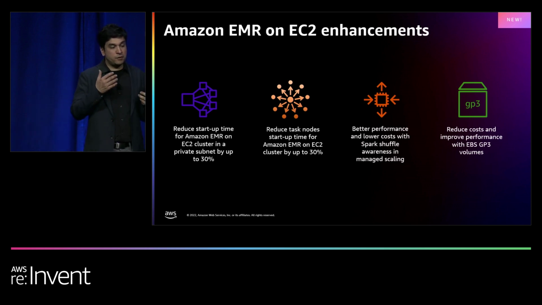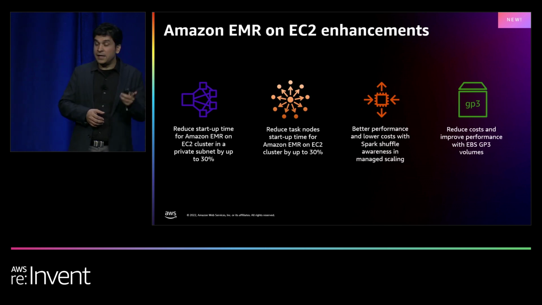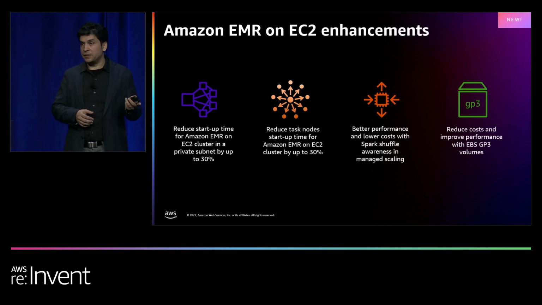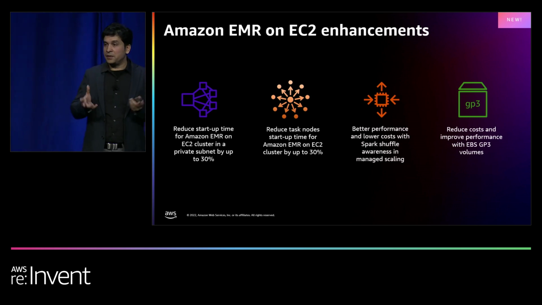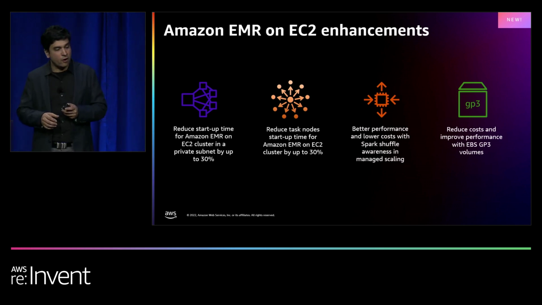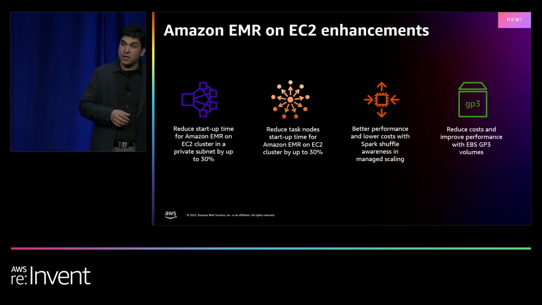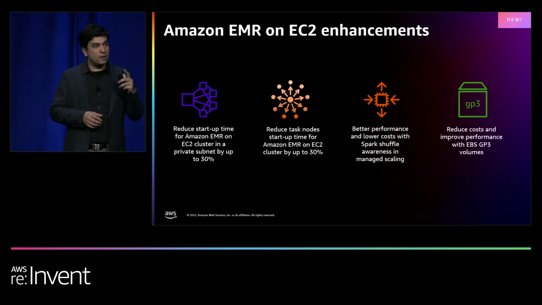So what we have done, we have reduced startup times for EMR on EC2 clusters in a private subnet by up to 30%. Now, most customers are expected to launch clusters in private subnets. It gives you security, of course, and the network isolation that comes from it. Now, this especially works for customers who have task nodes.